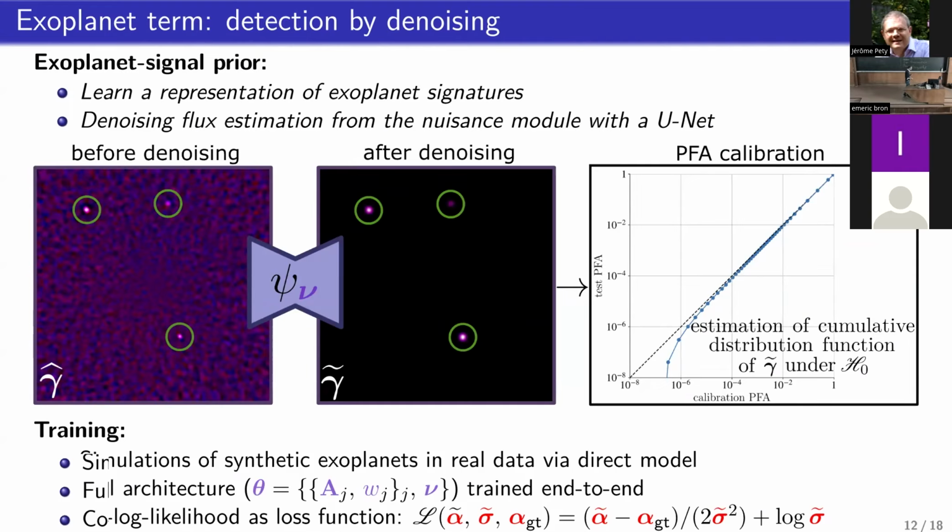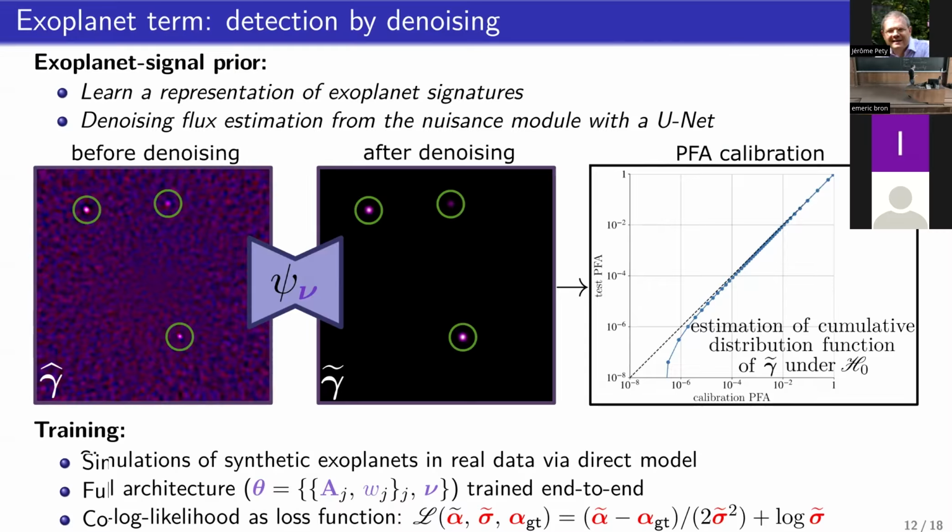We are performing this task with a small U-Net that denoises the flux map, and we obtain our final detection map, gamma tilde, and we also have a kind of calibration strategy in order to make sure that we are able to detect planets at a very controlled probability of false alarm, even for very demanding, I mean, very small probabilities of false alarm.